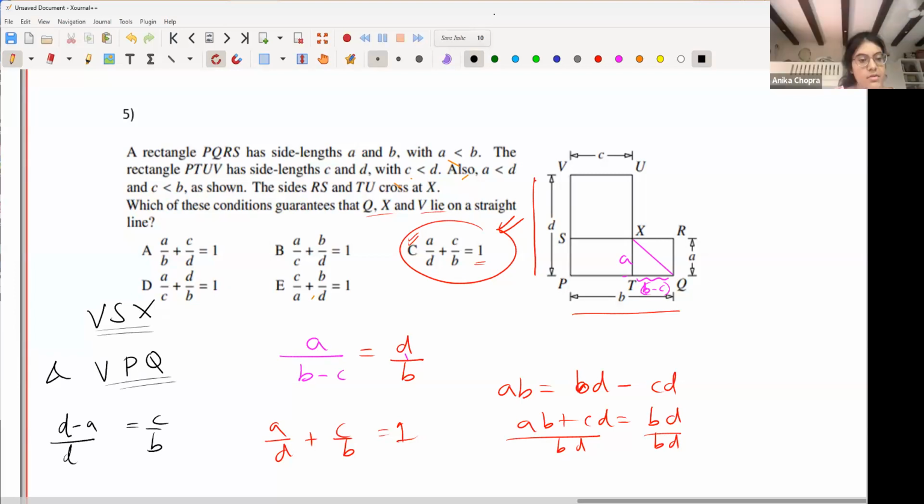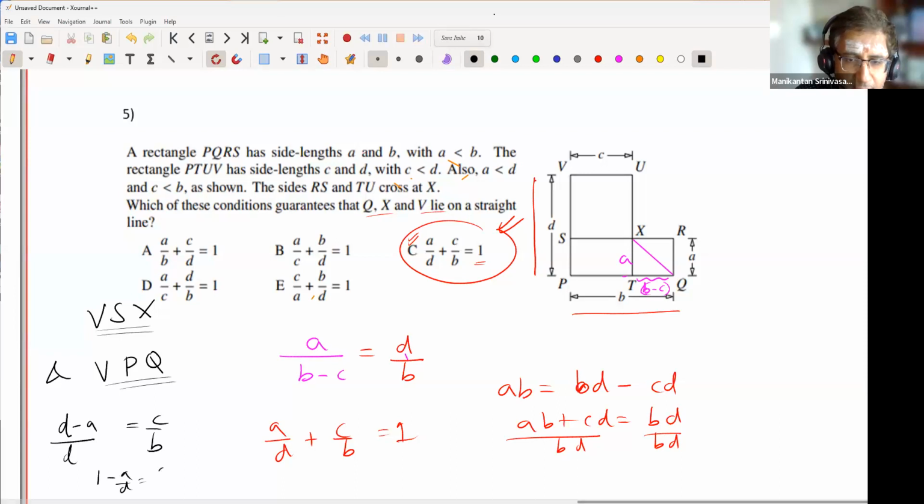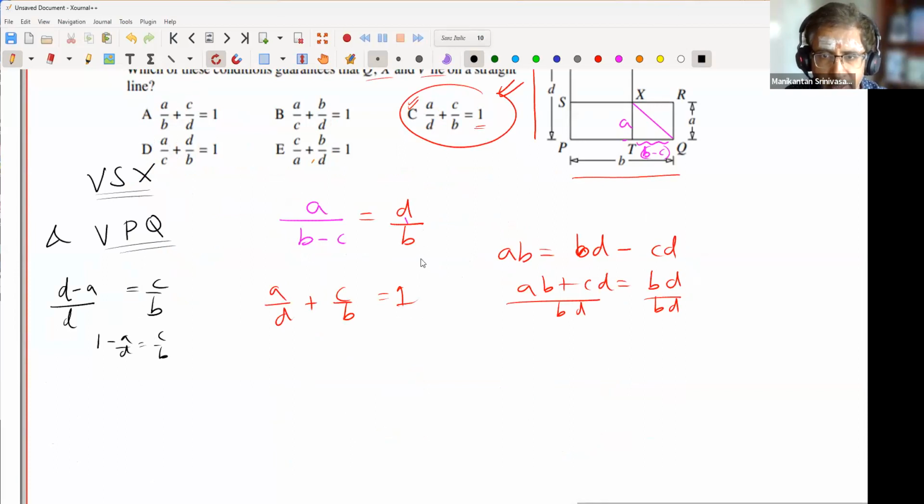So then 1 minus A over D equals C by B. Oh, okay. You just said 1 minus A by D equal to C by B. Okay. All right. Cool. A by D plus C by B equal to 1. Same result. Yes. Nice one. That was question 5.